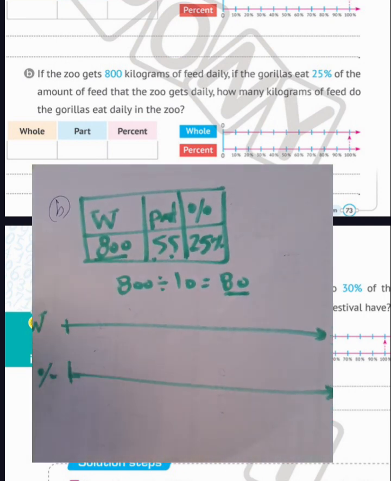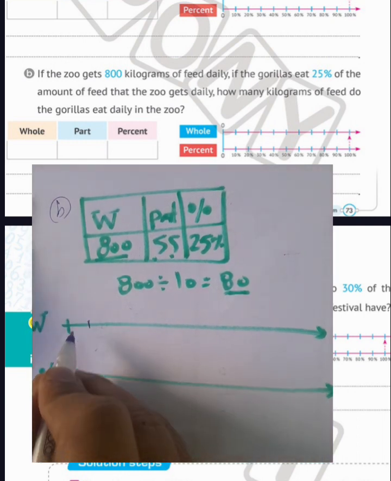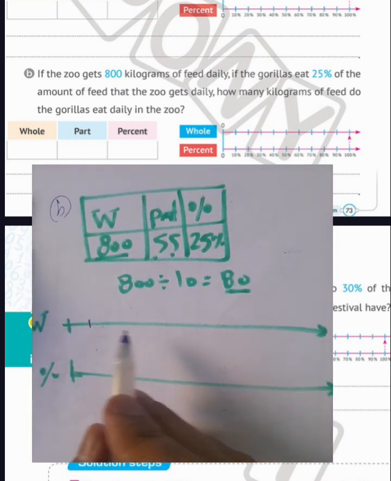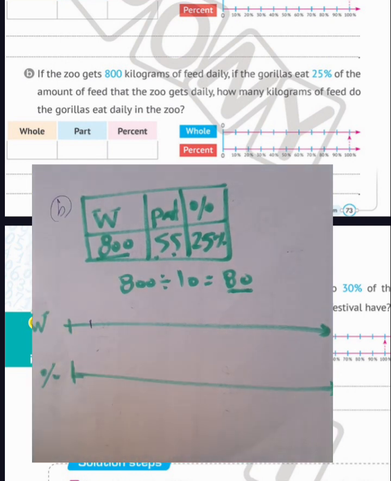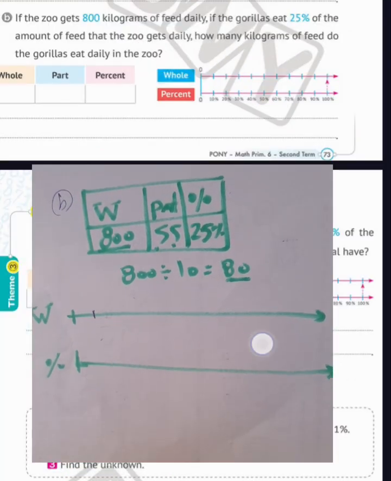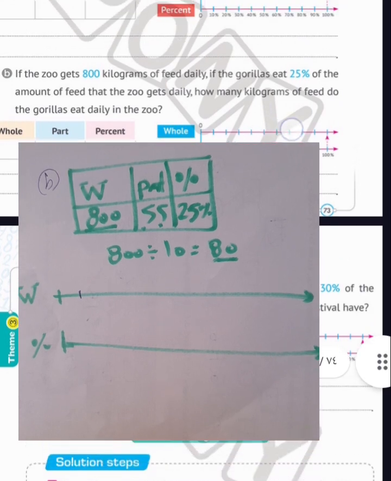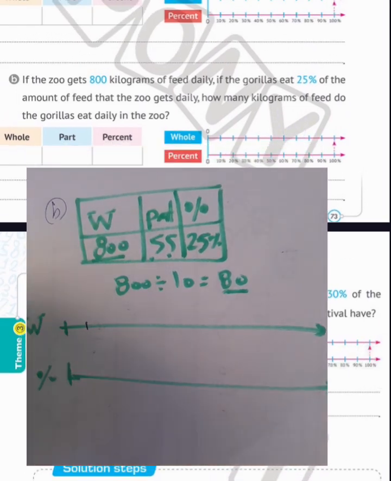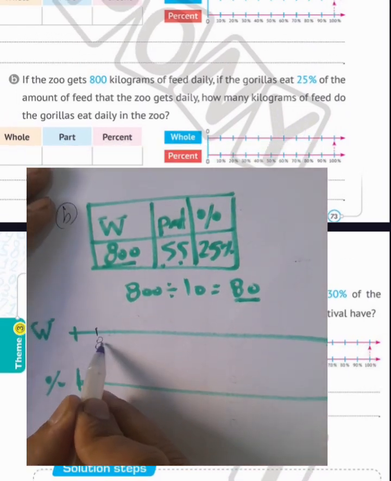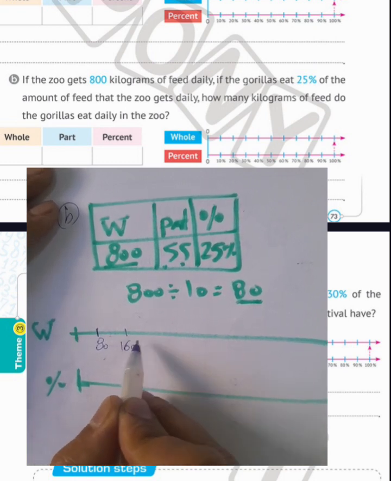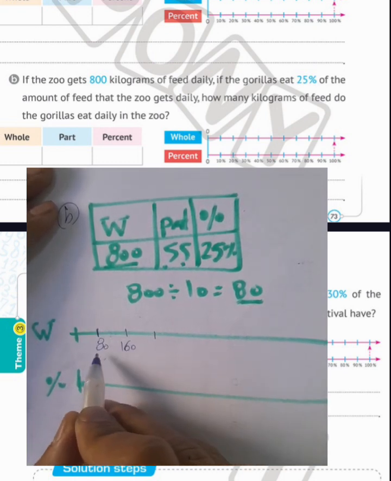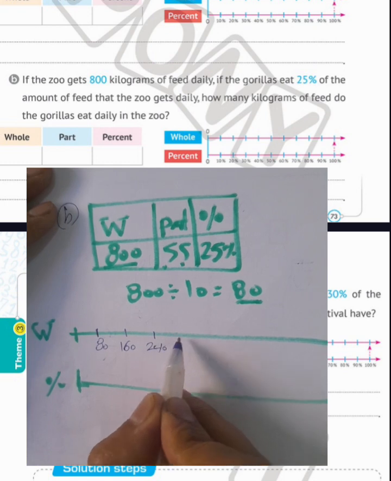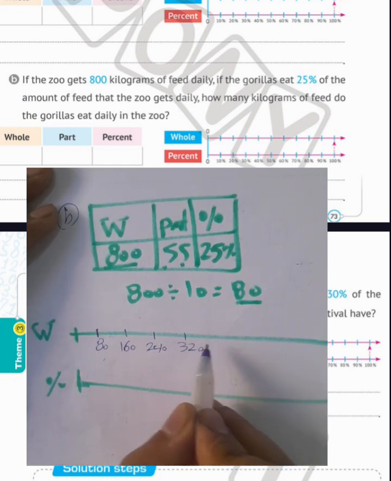And then we will go here: 80. Okay, begin with me here: 80 plus 80 equals 160, or times 2, times 3, times 4, times 5.